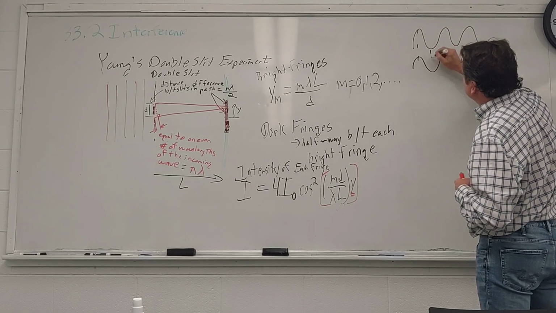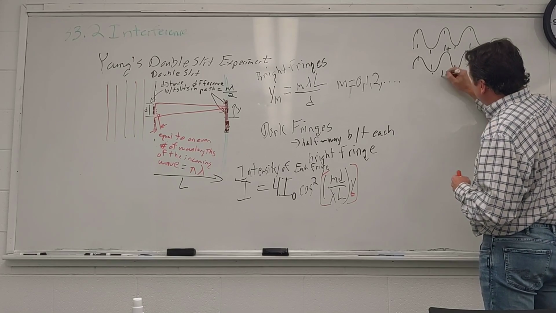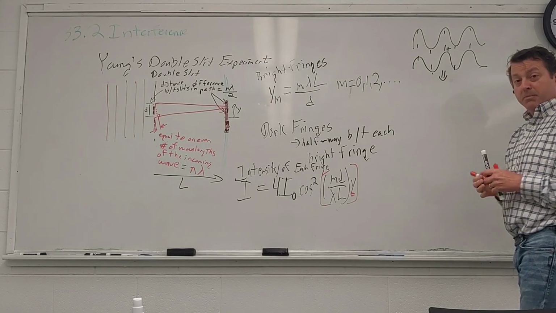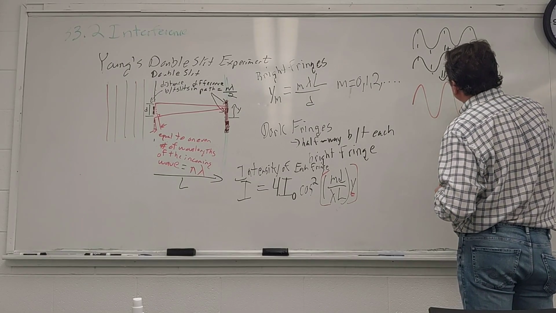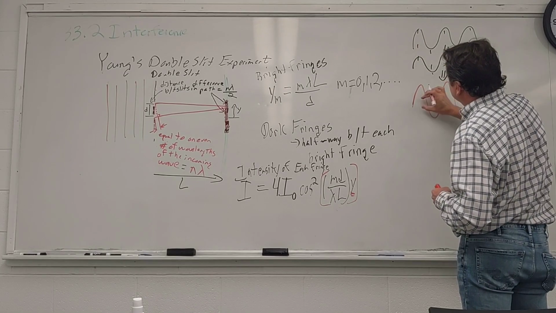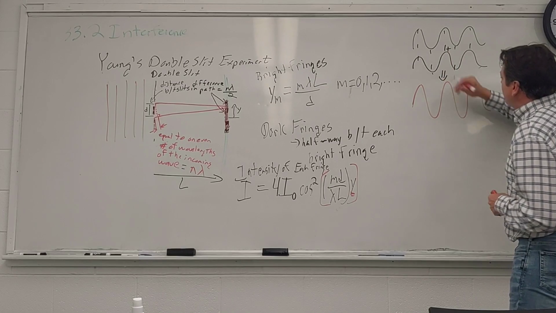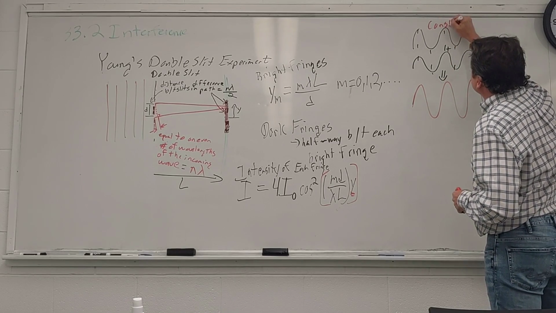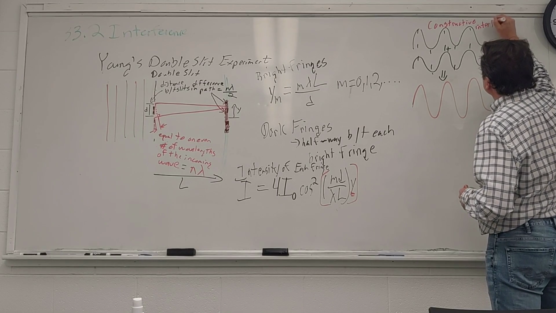And if we have a crest meet a crest and a trough meet a trough, when you add those up, guess what you get? Bigger crests and bigger troughs, right? And that makes sense. The crests add, and we just add them up as we go. This is known as constructive interference.